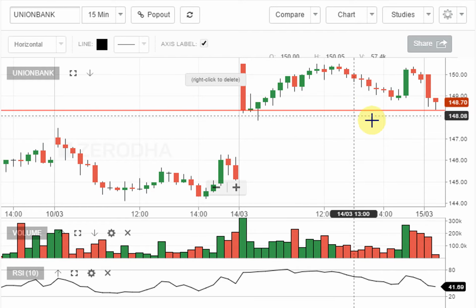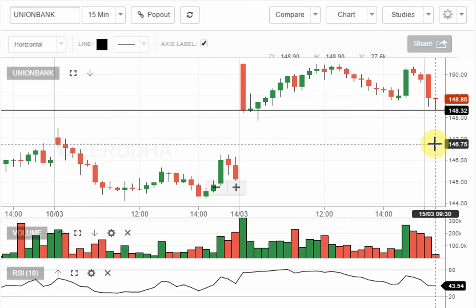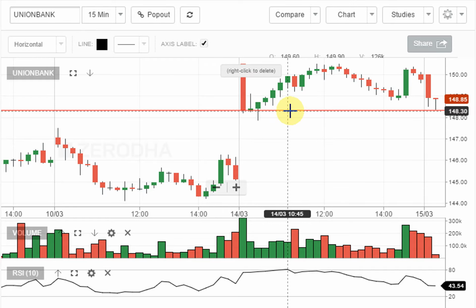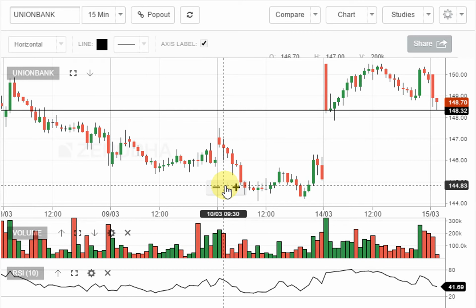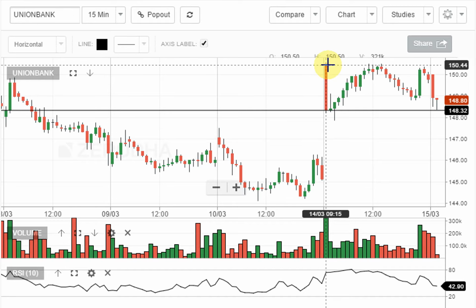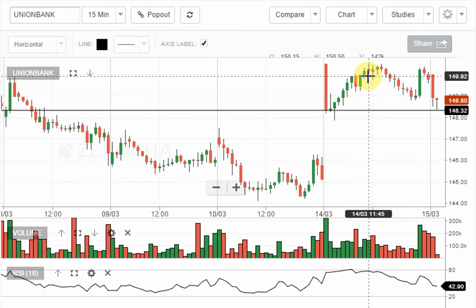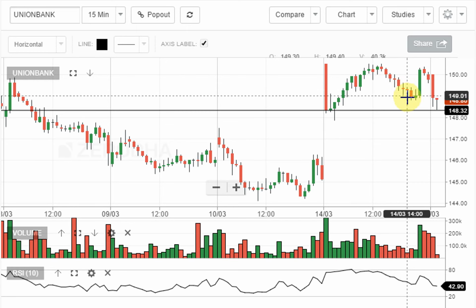Why did we take the support here? Because yesterday the price opened at this level, came down to this and took the support, meaning it is not going below this level. Later it bounced back, came down again, but never went below the support. And it has taken the support at this level. We'll just watch whether it takes the support or breaks.